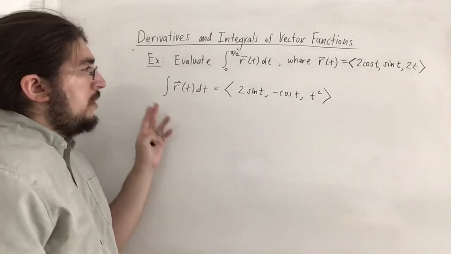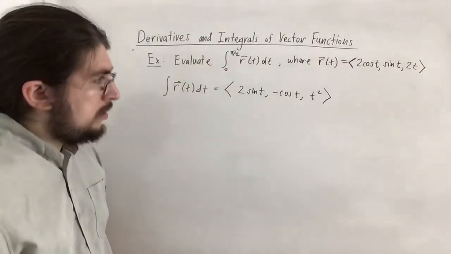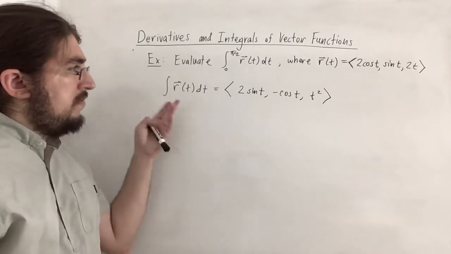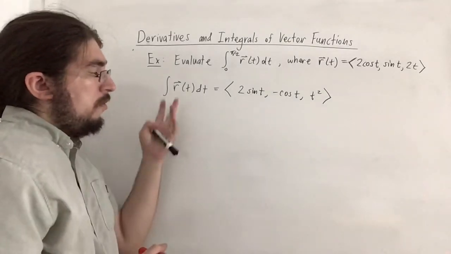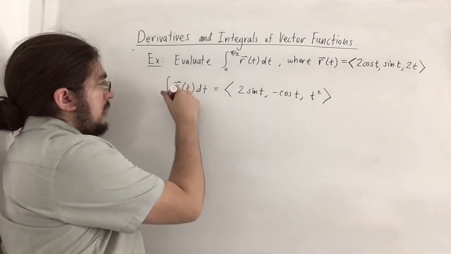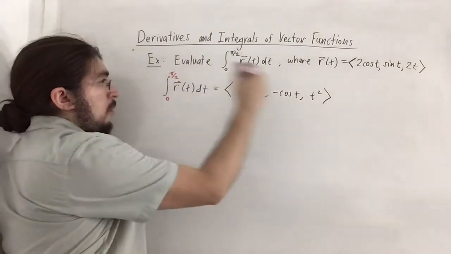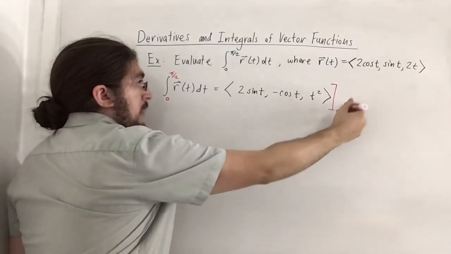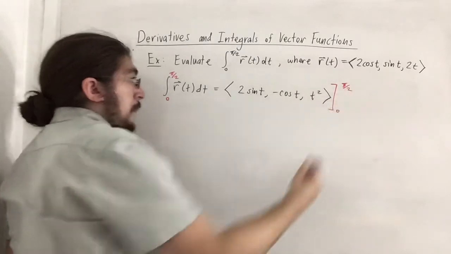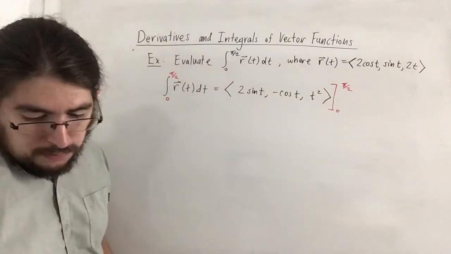Considering the limits now, we need to evaluate this between the limits, meaning we plug in the top one minus plugging in the bottom one.